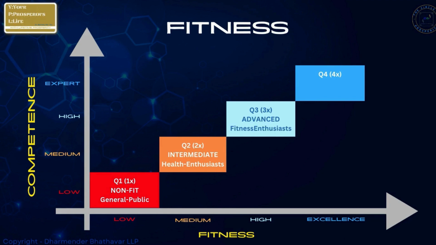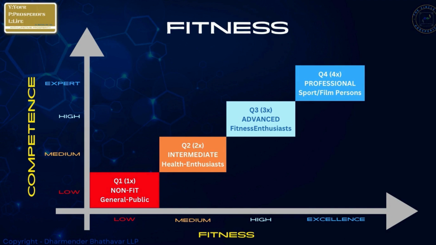And the third one here is the advanced level, where their fitness levels are high and their competency levels are also high. We can consider this quadrant as the advanced quadrant, where people who really want to be physically fit can be considered. And of course, the final quadrant is professionals, where their competency levels are at the expert level and excellence is also at the expert level.